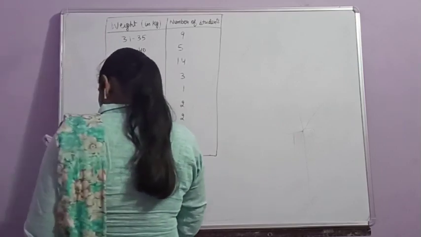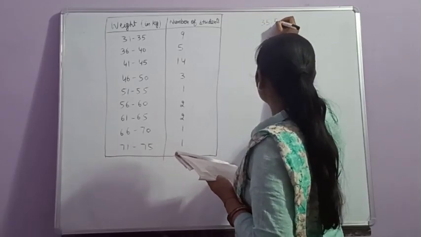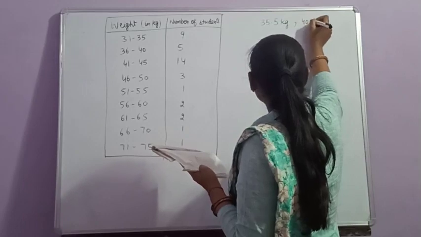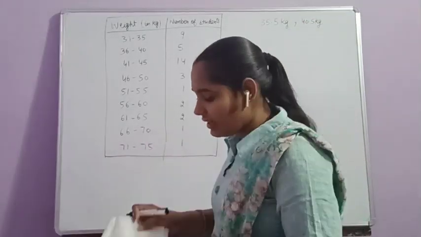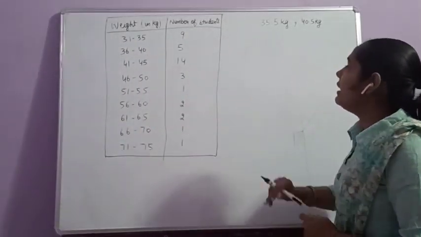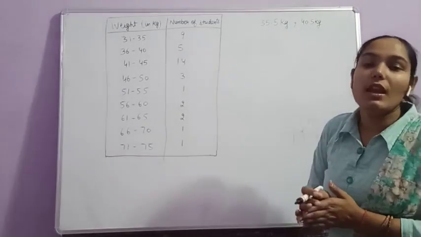If two students of weight 35.5 kg and 40.5 kg are added in class, in which class interval we include them? We have to find out the class interval in which 35.5 kg and 40.5 kg will lie.